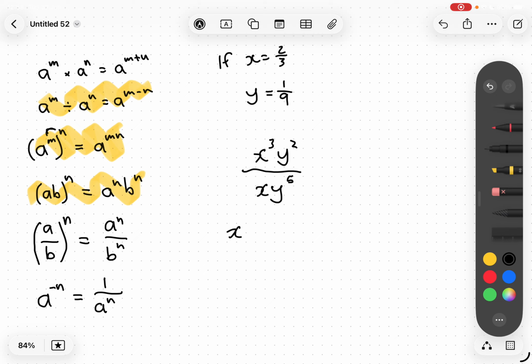So this will be x cubed y squared divided by x y to the 5.